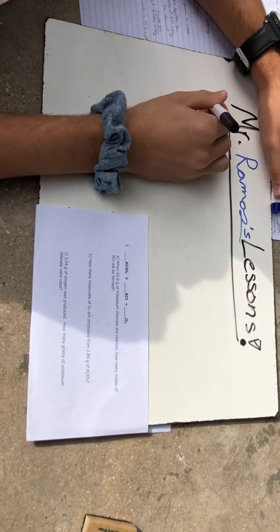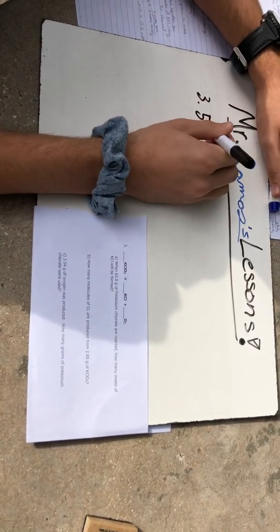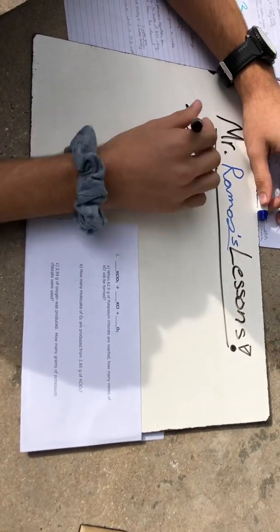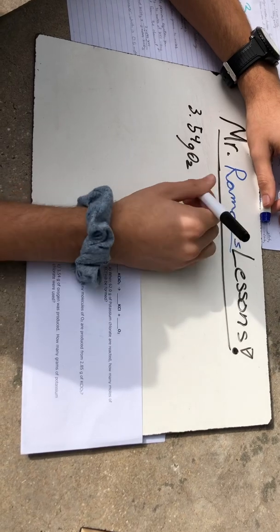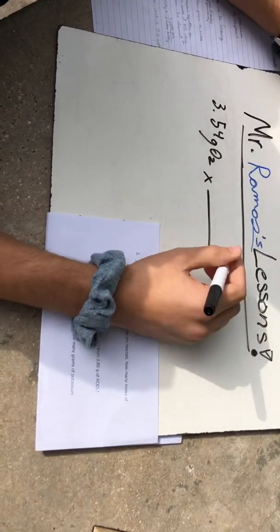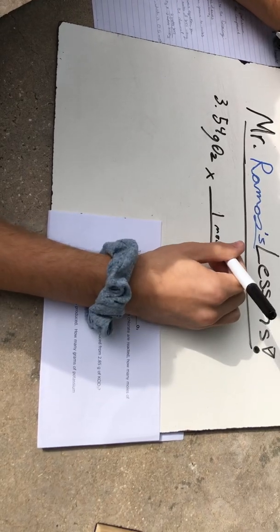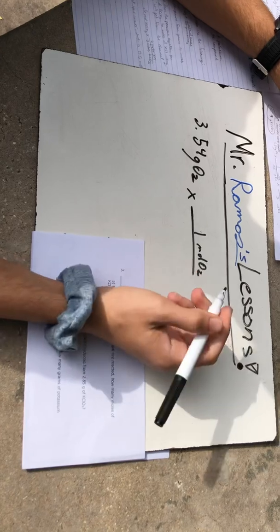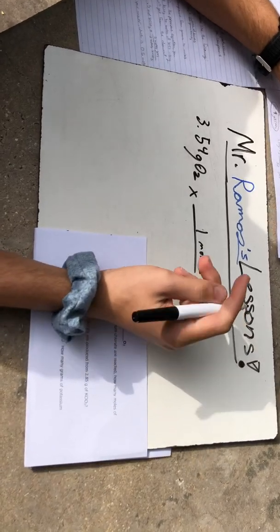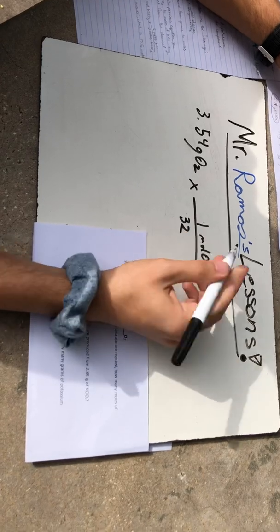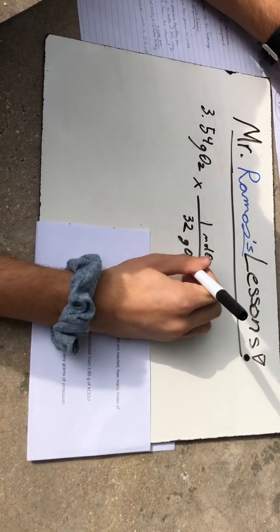Using the same thing we've been doing, 3.54 grams of O2 times 1 mole of O2. The molar mass of O2 is 16, and since we have two O's, we want to multiply that by 2, so we get 32 grams of O2.